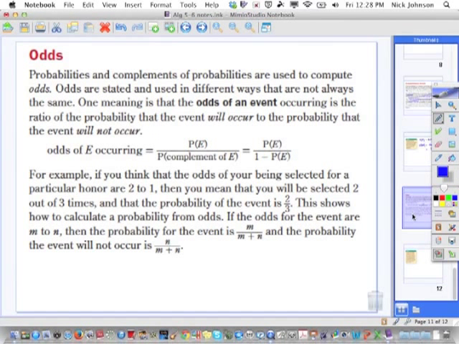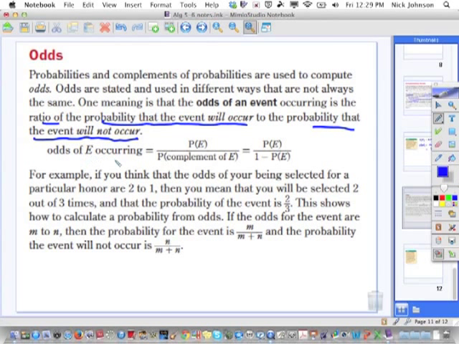Odds. Probabilities and complements of probabilities are used to compute odds. Odds are stated and used in different ways that are not always the same. One meaning is that the odds of an event occurring is the ratio of the probability that the event will occur to the probability that the event will not occur.